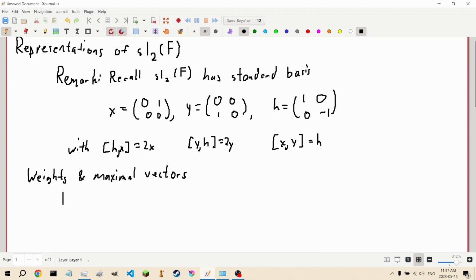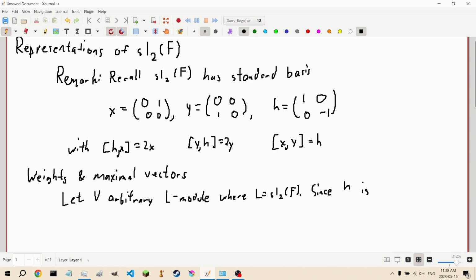So we're going to let V be an arbitrary L module, where L is just our SL2 of F. As we recall, H is semi-simple.